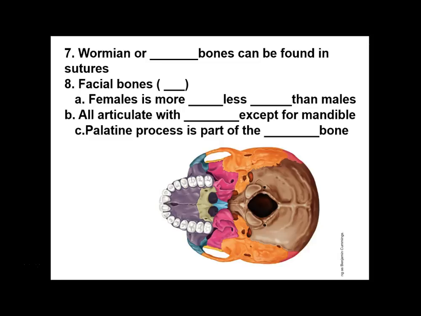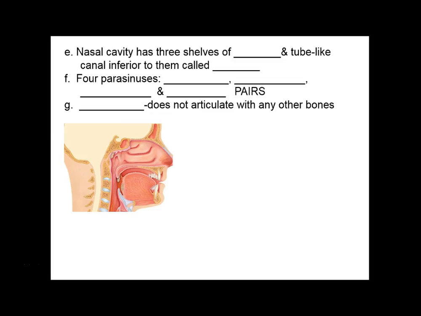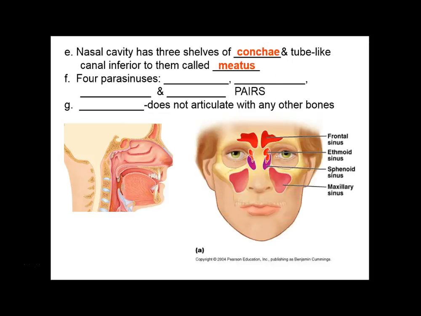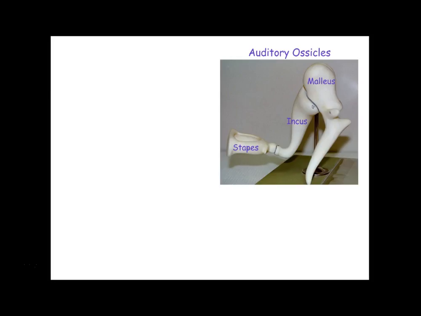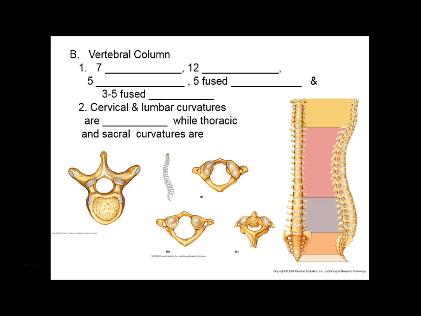The little gray khaki colored one is the palatine bone. And I'm looking for the vomer, which is found right inside the nose, right above the maxilla bone. I didn't see a picture of it right off, but that is another facial bone.